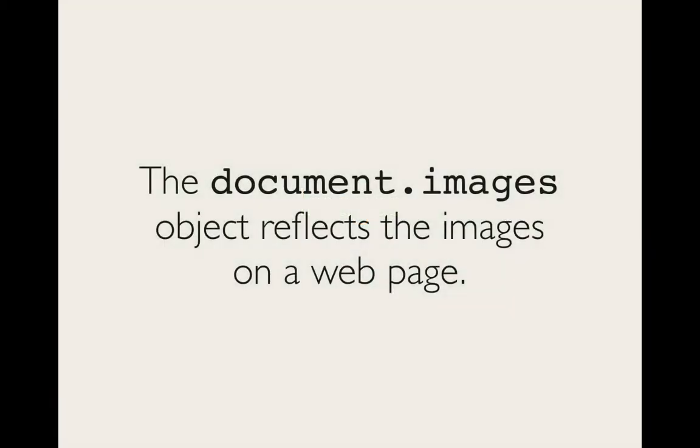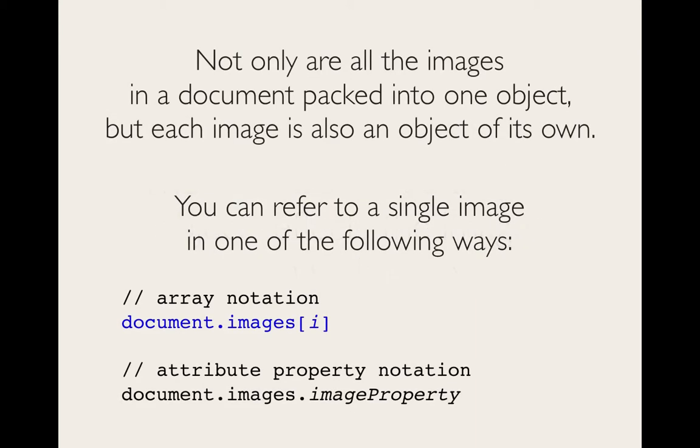As we look at images, we have this object in JavaScript called document.images. This object reflects all the images on a web page. So not only are all the images in a document packed into this one object, each image is also an object on its own. You can refer to a single image in one of the following ways.